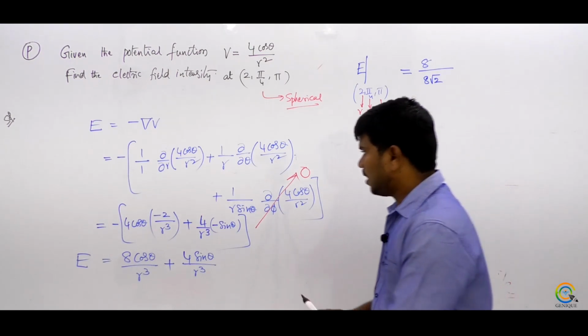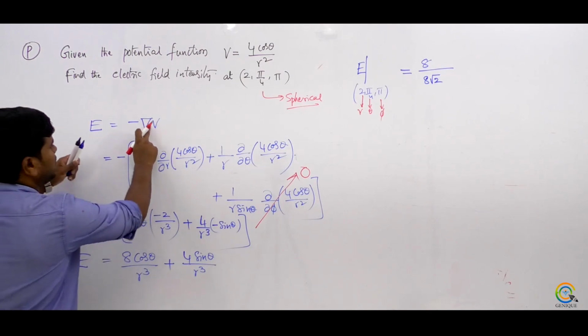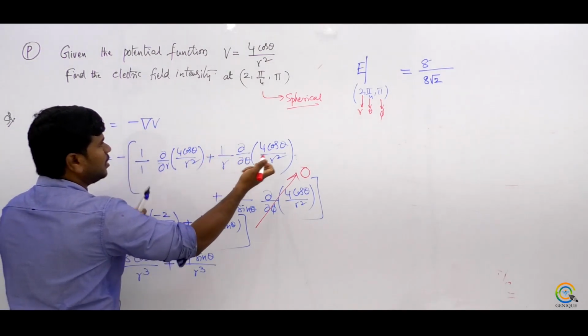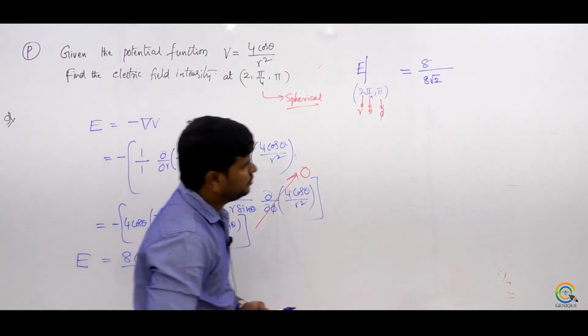Sorry. Observe this. Okay, we forgot one thing here. What is that? It is ∂V by ∂V, the unit vector. So what is the expression?